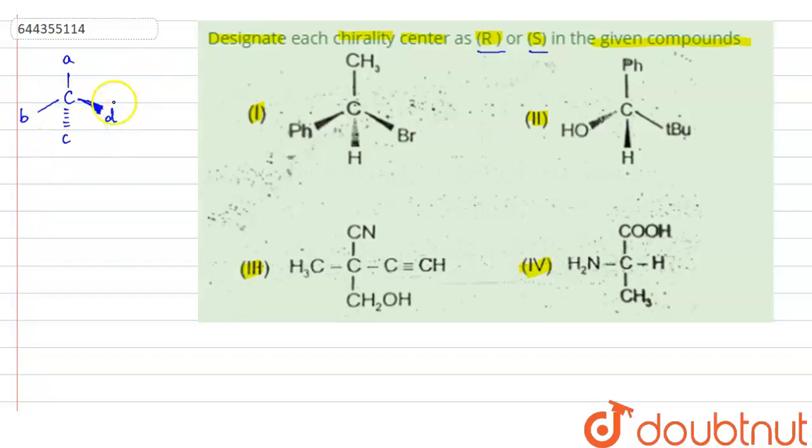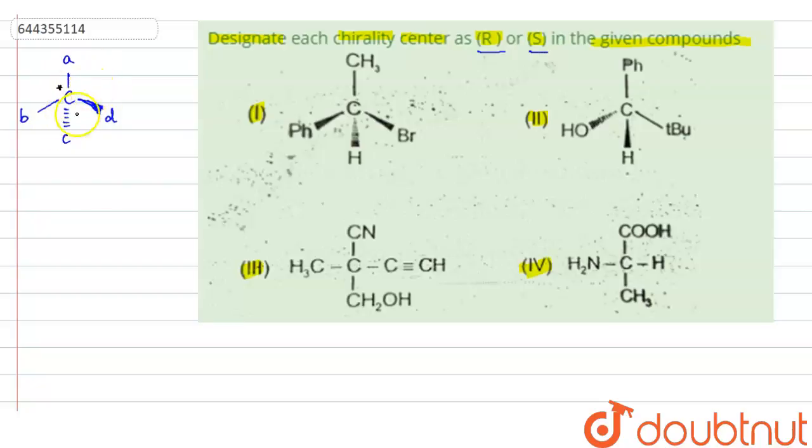These 4 groups are attached to it and all these 4 groups are different, right? So when carbon is attached with all 4 different groups or atoms, then we say that this carbon is the chiral center. It is a chiral carbon.